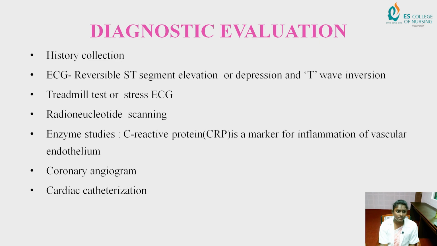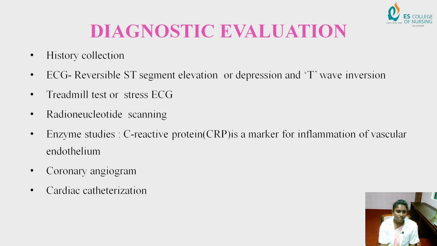Diagnostic evaluations: history collection and then ECG. In the ECG, reversible ST segment elevation or depression and T wave inversion can be found. Then treadmill test or stress ECG, and radionucleotide scanning, so we come to know where the problem is, where the thrombotic formations are and where the artery is blocked.